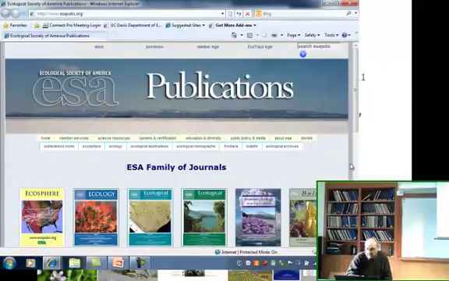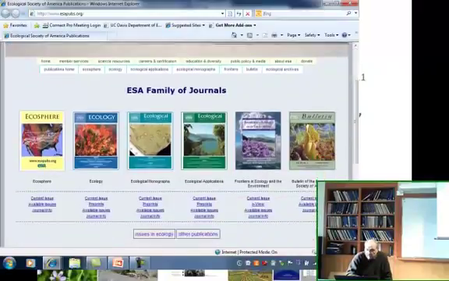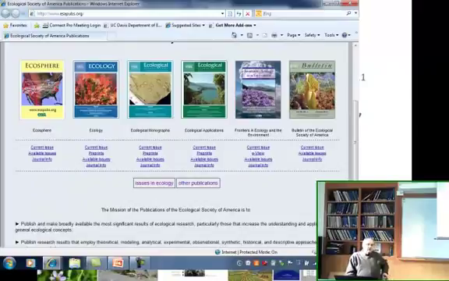So I'd like to start by pointing out, and if I can get there, you can see that the Ecological Society of America has had a state-of-the-art data archive since 2000, and we have published what are called data papers, as well as a huge number of data supplements and data appendices to our published papers.